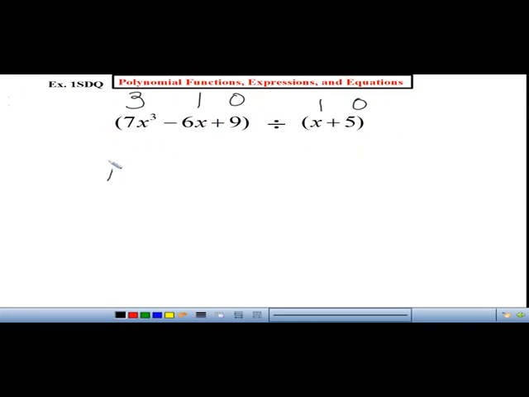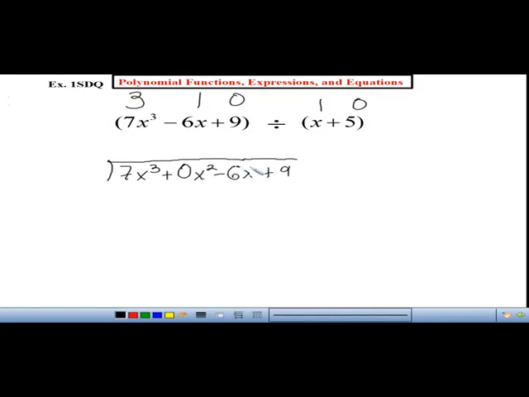So my dividend is 7x cubed plus 0x squared minus 6x plus 9.